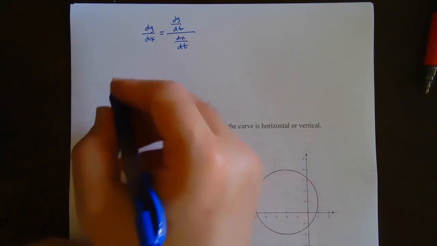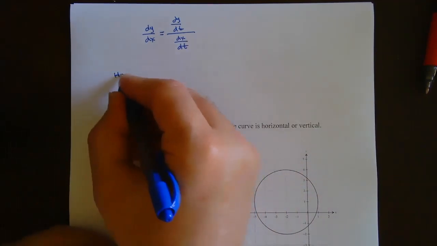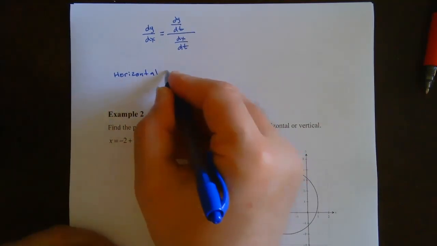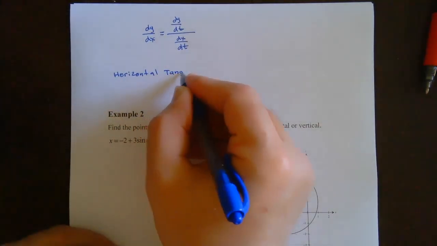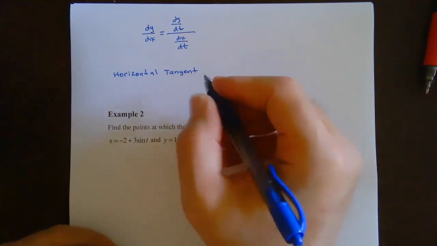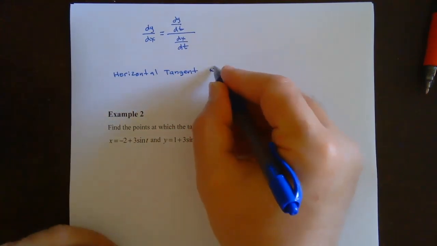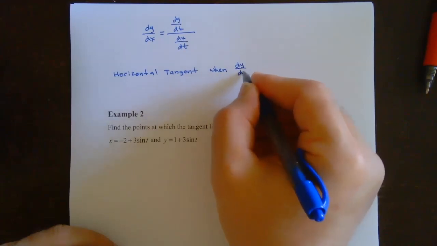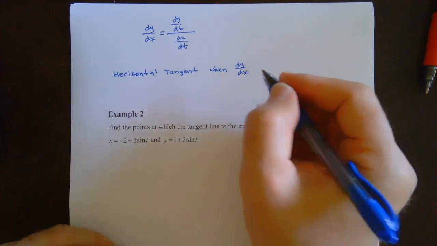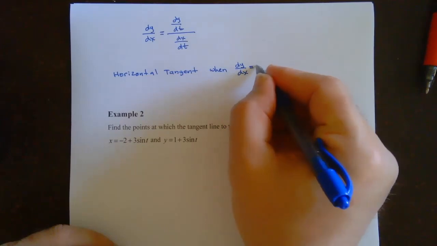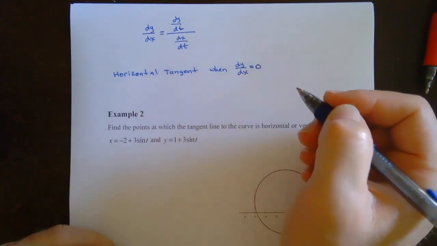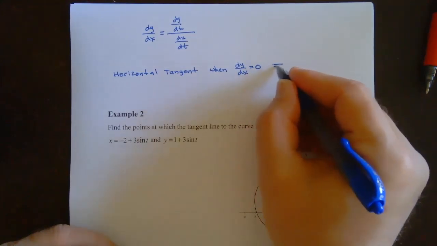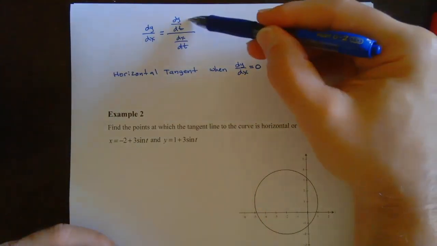So we know we have a horizontal tangent when dy over dx is equal to 0. What determines dy over dx equal to 0 is when this numerator is equal to 0.